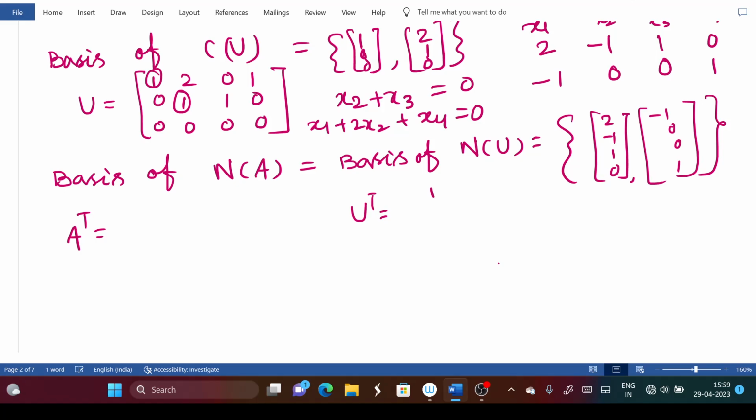This is U transpose: [1 0 0; 2 1 0; 0 1 0; 1 2 0]. What is A transpose? It is [1 0 1; 2 1 2; 0 1 0; 1 2 1].